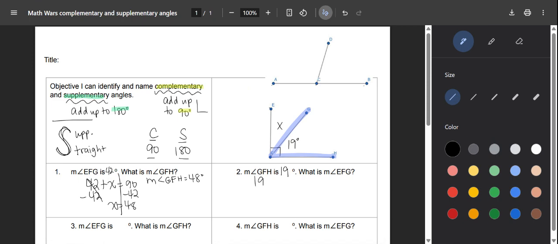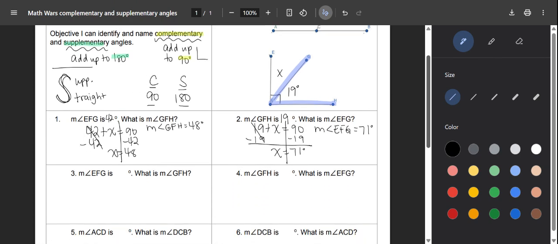So we can say 19 plus x equals 90. We'll subtract 19 from both sides. So we know x is 71, which tells us that the measure of angle EFG equals 71 degrees.